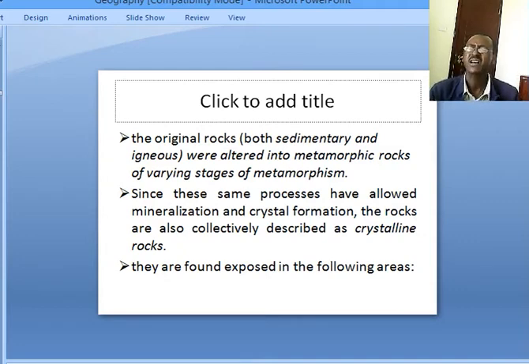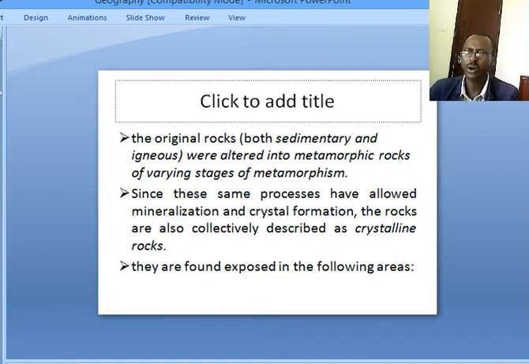These are very strong rocks, and a good example is marble. Since these same processes have allowed mineralization and crystal formation, the rocks are also collectively described as crystalline rocks because they have so many crystals within them.